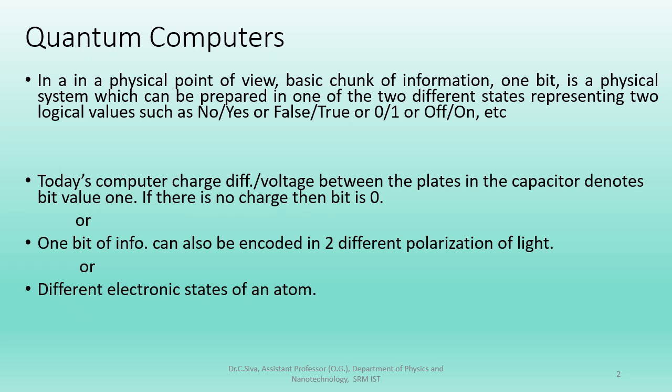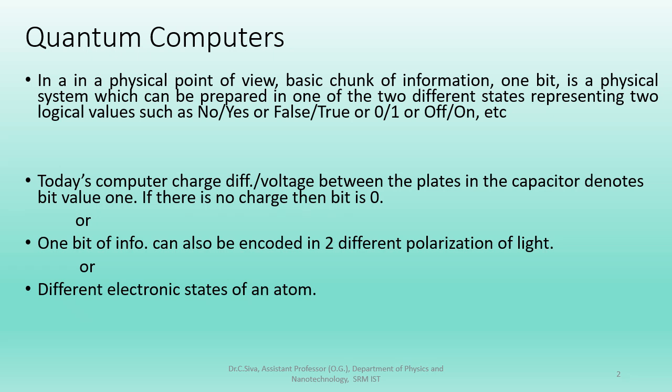Quantum computers: the basic concept of a bit and information. In classical computing, information is stored in bits which can exist only in one of two states at a time, such as yes or no, true or false, 0 or 1, on or off. In today's computer, the presence or absence of charge in a capacitor represents these logical values.